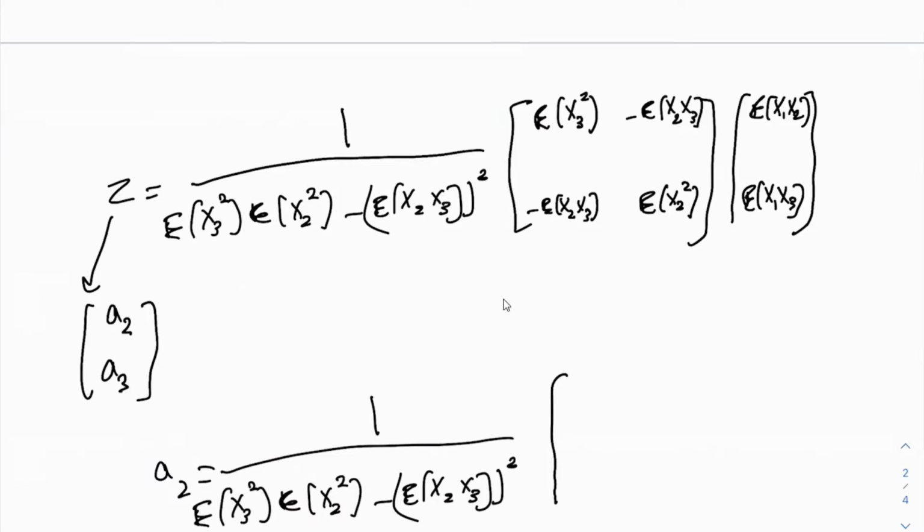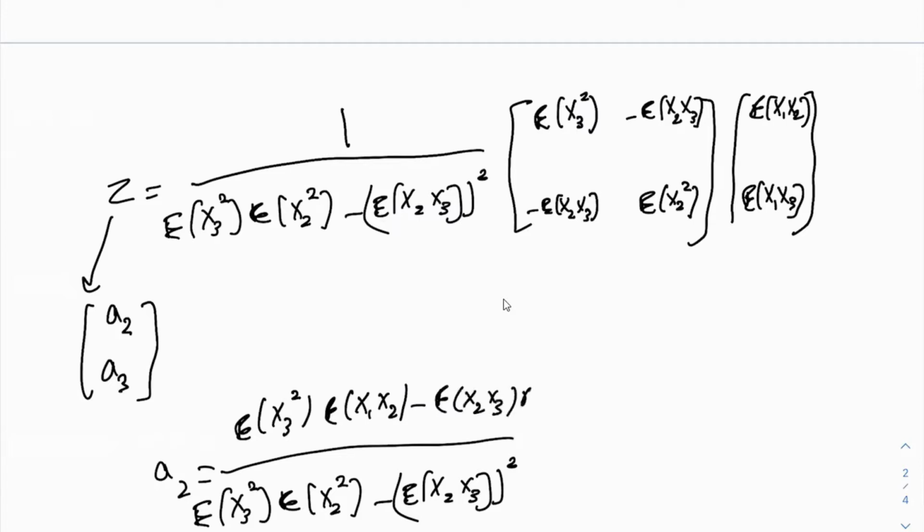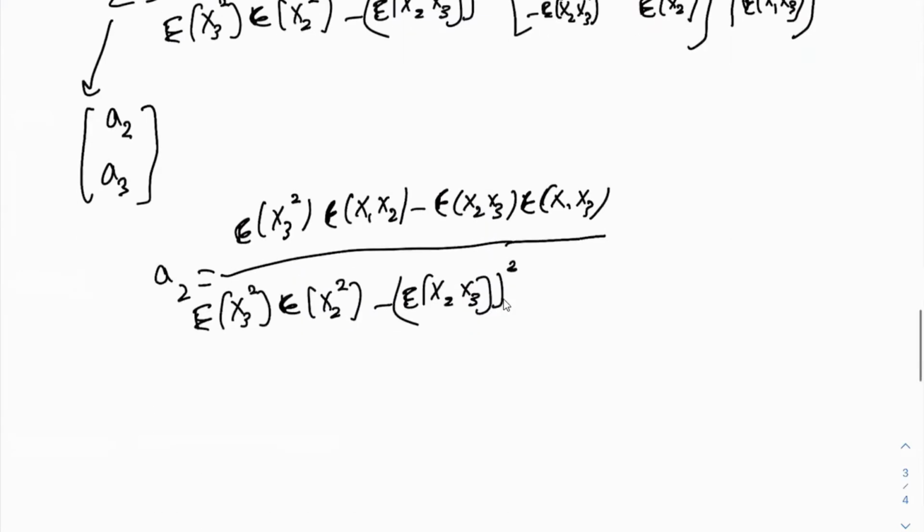The first row, if you multiply that, you get this one. I'm going to write it in the numerator here. It's going to be expected value of x3 squared times expected value of x1, x2 minus expected value of x2, x3 times expected value of x1, x3. So that's going to be A2.